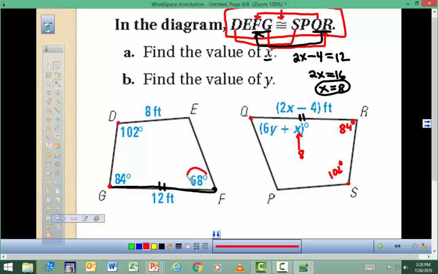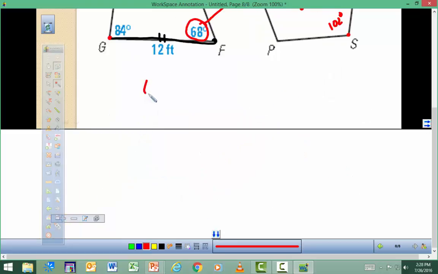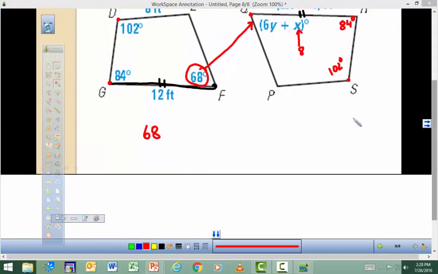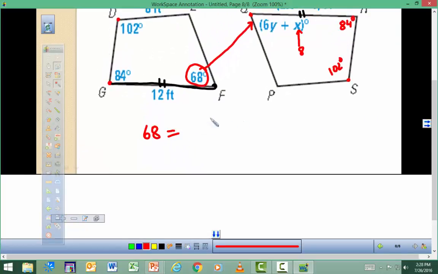So these two angles must be congruent, and that gives us our other equation. 68 degrees must be equal to this one over here, 6y plus x. But we just found out that x is equal to 8, so we're going to put an 8 right there, and now we're going to solve for y.